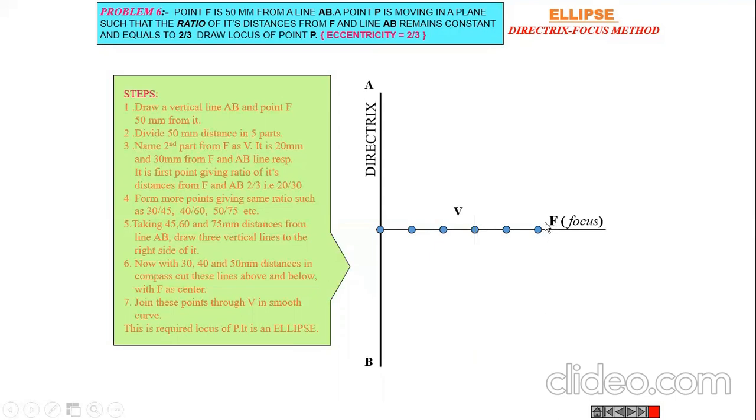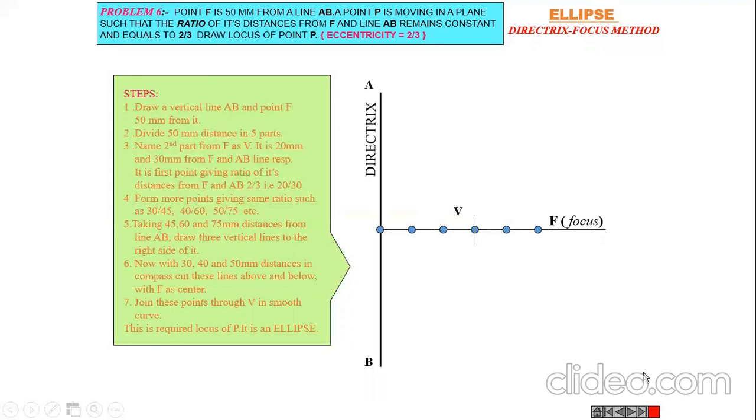Why? Because eccentricity is given 2 by 3. This point V is 2 parts from F and 3 parts from the directrix. So V is 20 mm from focus point F, and 2 by 3 means this 20 and this 30, these 2 parts and 3 parts.